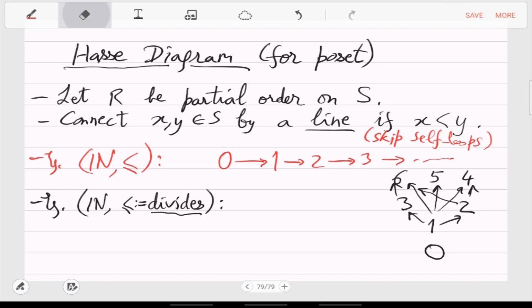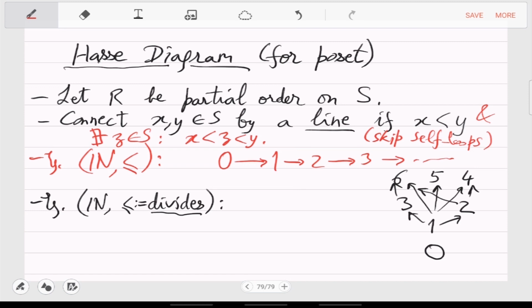So what I should say here is that if x is less than y and there is nothing in the middle, there doesn't exist a z such that x is less than z is less than y.